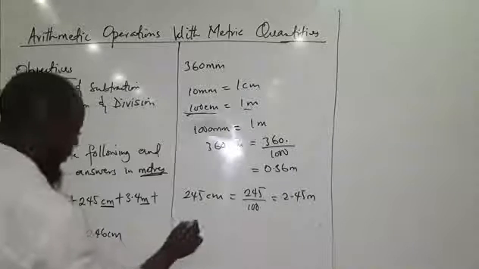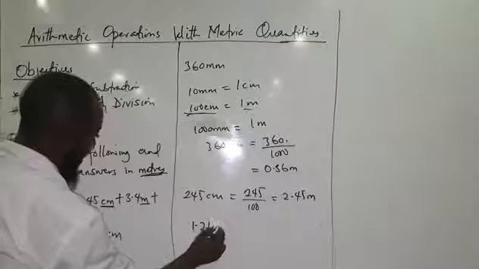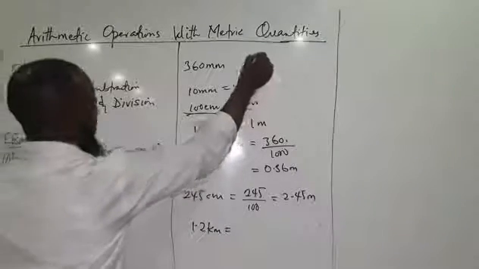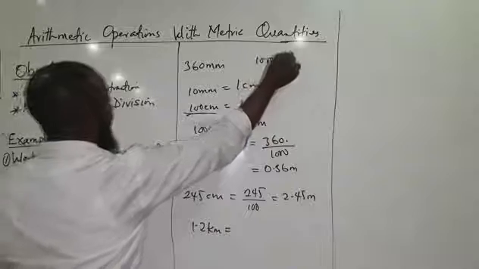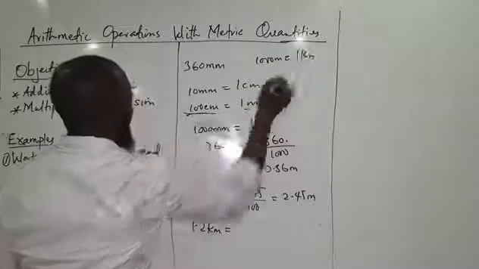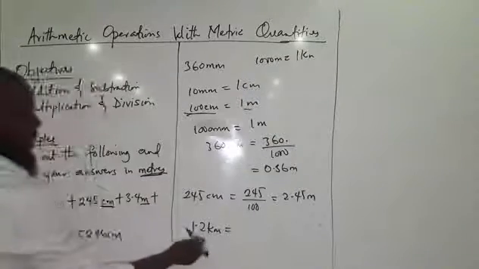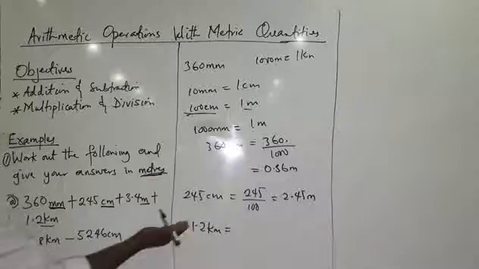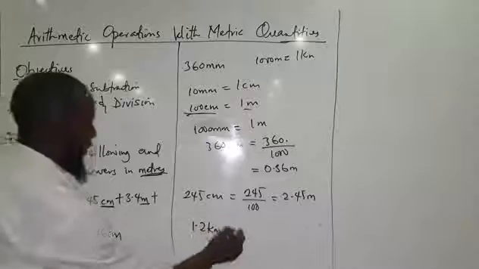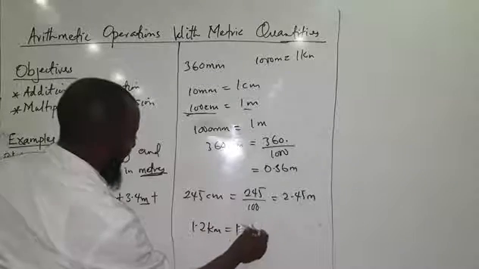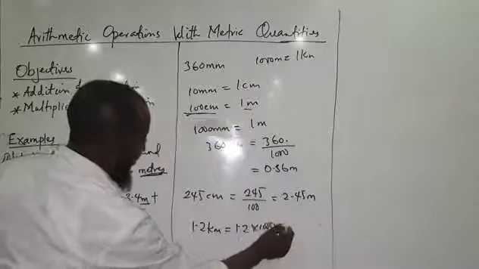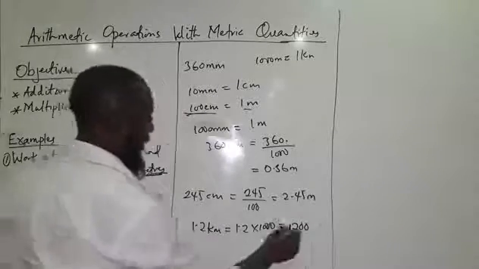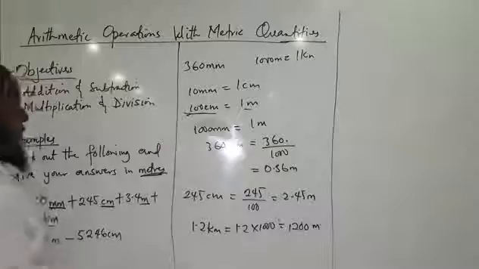Then we have 1.2 kilometers. Since 1000 meters equals 1 kilometer, and we are changing kilometers to meters, we multiply by 1000. 1.2 times 1000 gives us 1200 meters.